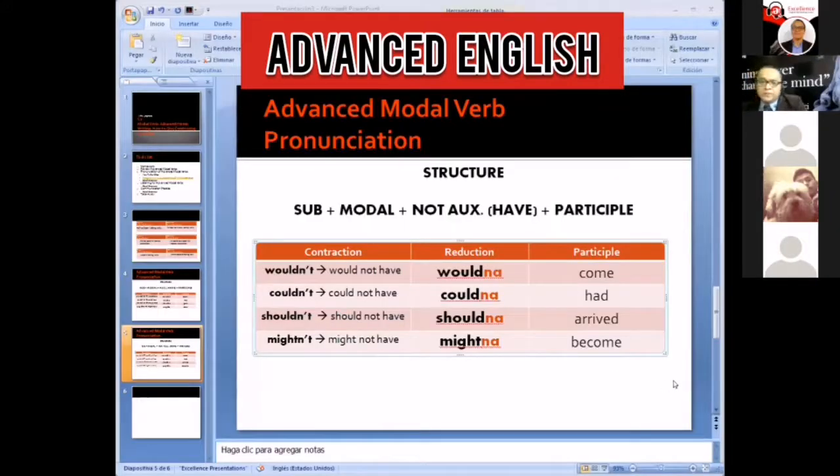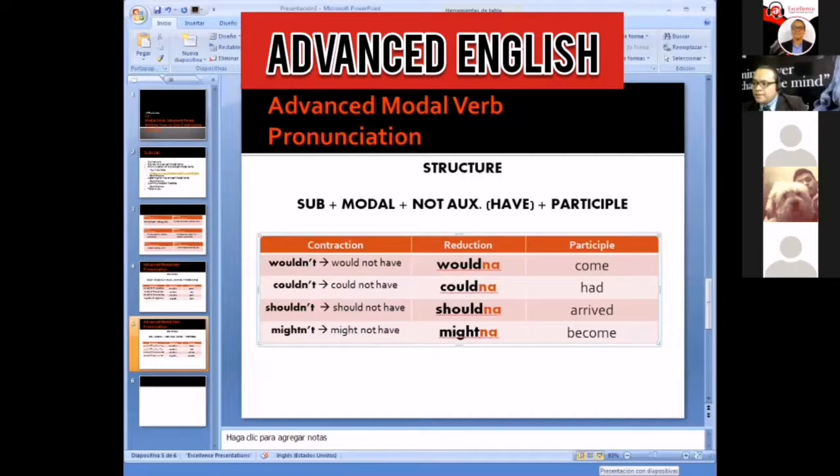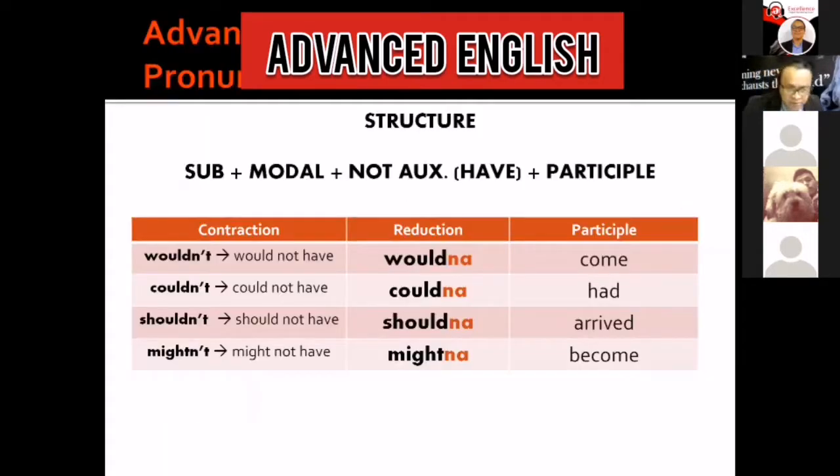Okay, so let's move on to the negative reductions, contractions and negative reductions. Let's take a look. For the structure, we're going to have subject, modal verb, not, auxiliary have, plus participle.